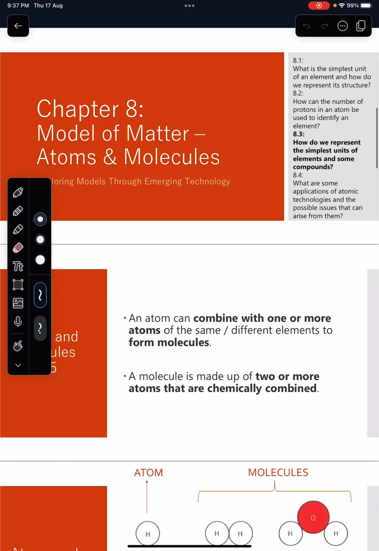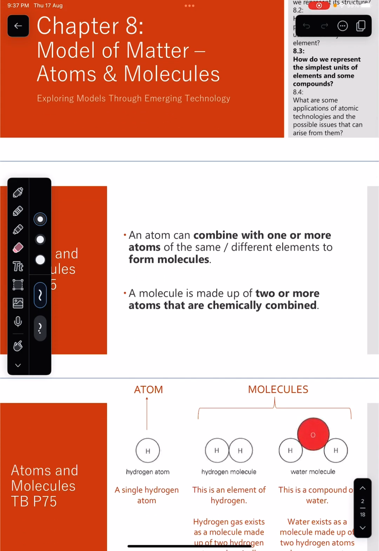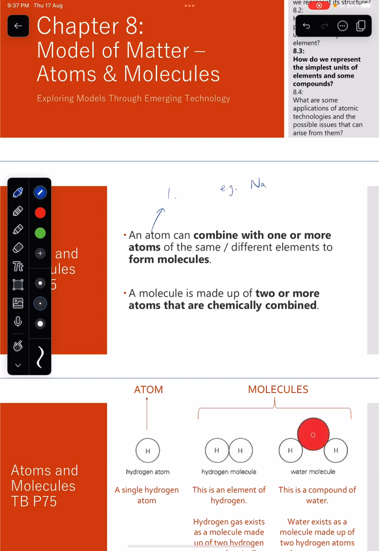So if you recall, what's a molecule? I mentioned before, these are essentially mathematical terms. Atom simply means one. Examples of atom would be, let's say, Na is an atom, He is an atom. These are all examples of atom. Singular.